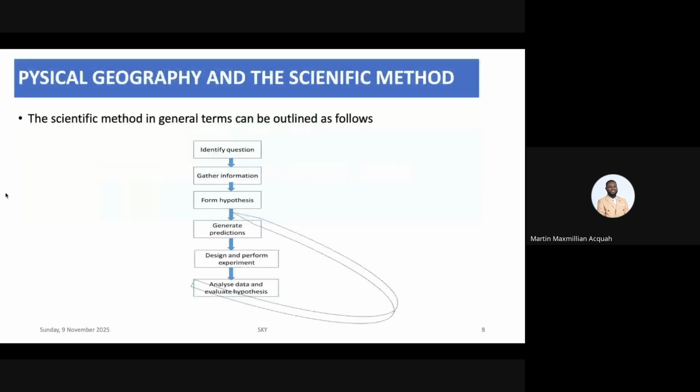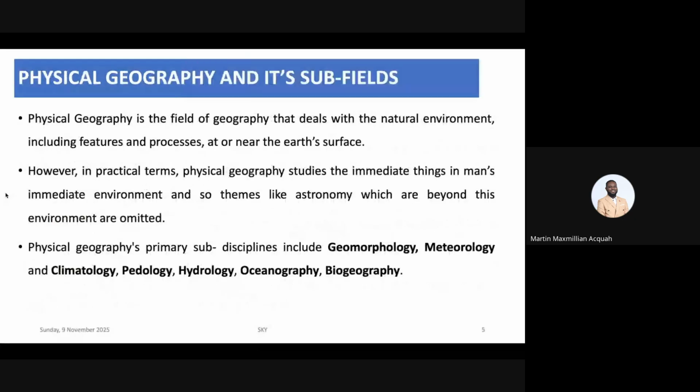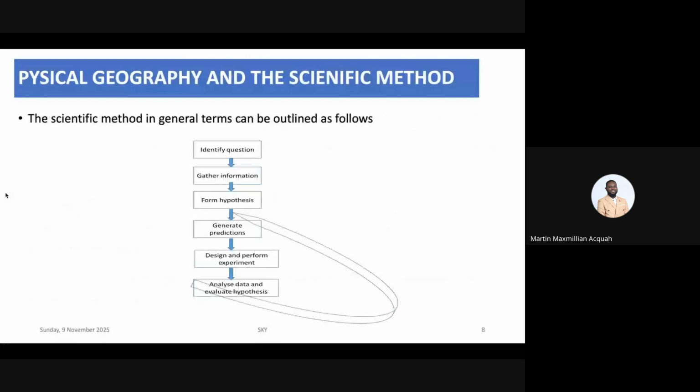Then when we come to chapter 1, the major question that is being asked is the scientific methods used in physical geography.